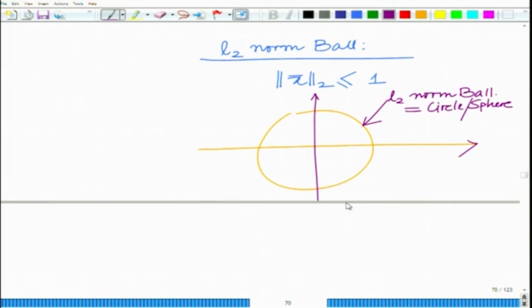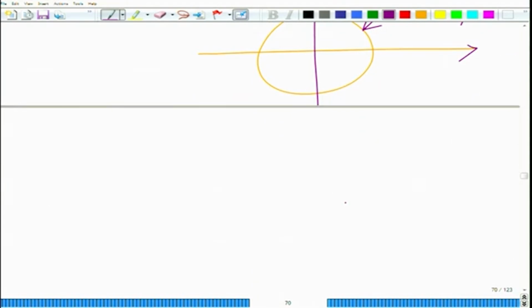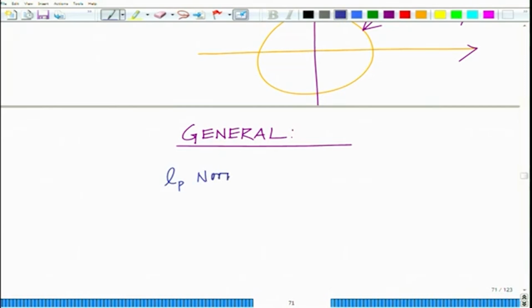Now, in general, one can define what is known as an LP norm. What is this LP norm?